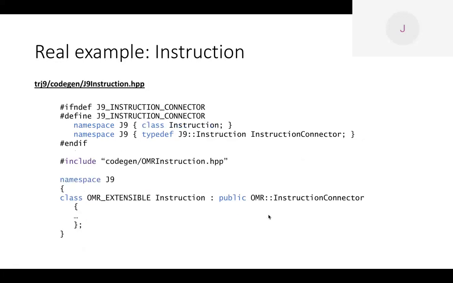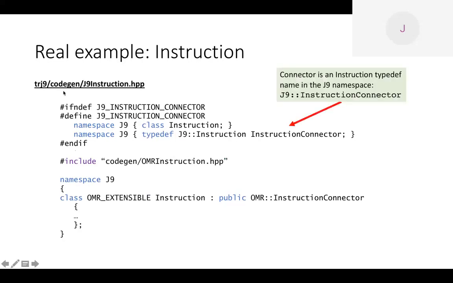Okay. So this now drops into another project. If we now wanted to say, okay, J9 wants to extend the OMR instruction with whatever it wants, we're now in a different project. We're now in TRJ9.